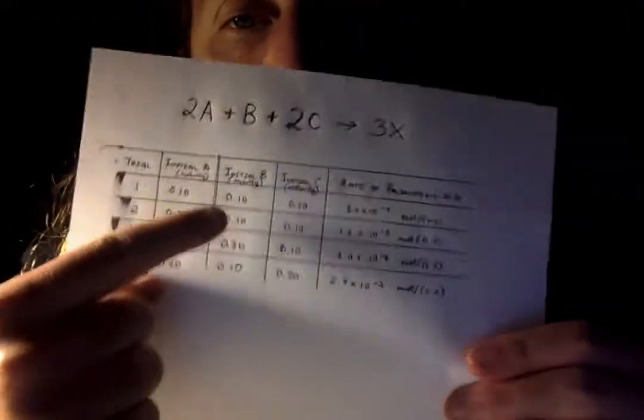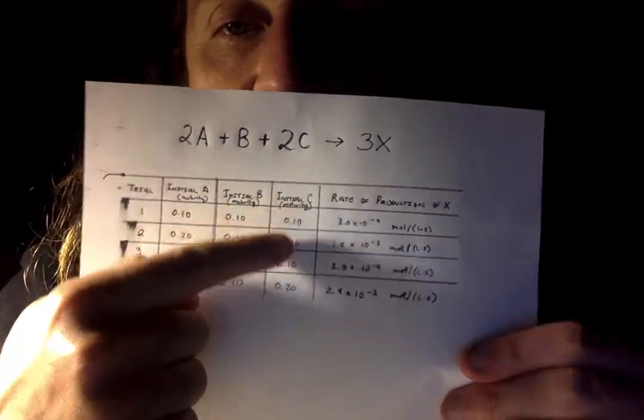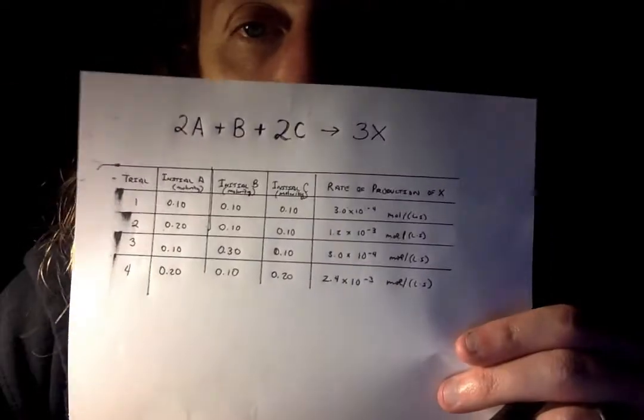Okay, so the first thing that we're going to do is look at A. So usually start out just looking simple. And so I look at trial 1 and trial 2, and I see that I double the concentration of A. And then I look over at B, it stays the same, C stays the same, so that's it.